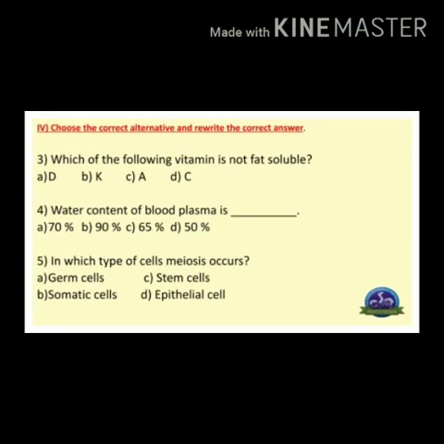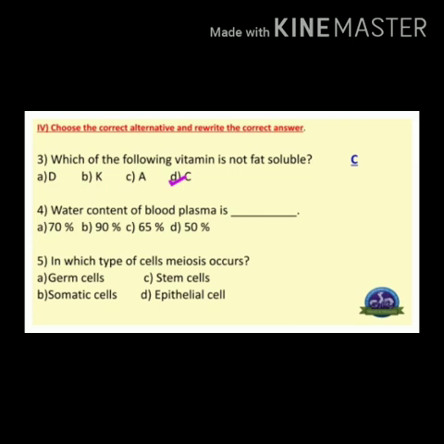Now read third question. Which of the following vitamin is not fat soluble? Option A, D, B, K, C, A, D, C. Answer is vitamin C. Others are fat soluble. So write down option D, that is C.